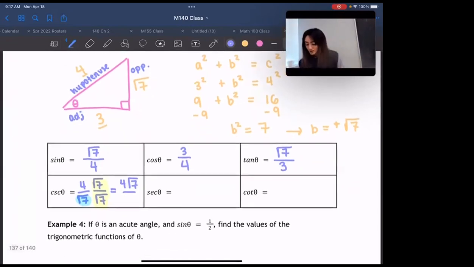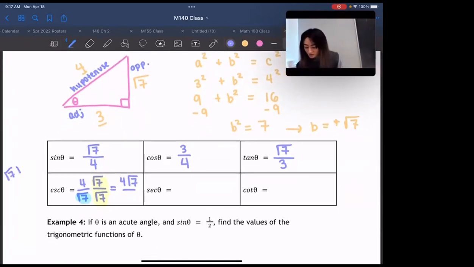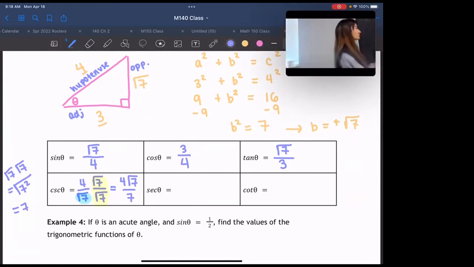The square root of 7 times the square root of 7 is the square root of 7 times 7, or 7 squared. So the square root of 7 squared is just 7. So on the bottom, we have just 7. The whole reason we multiply by the square root of 7 over the square root of 7 is so those square roots can cancel out. Any questions here?